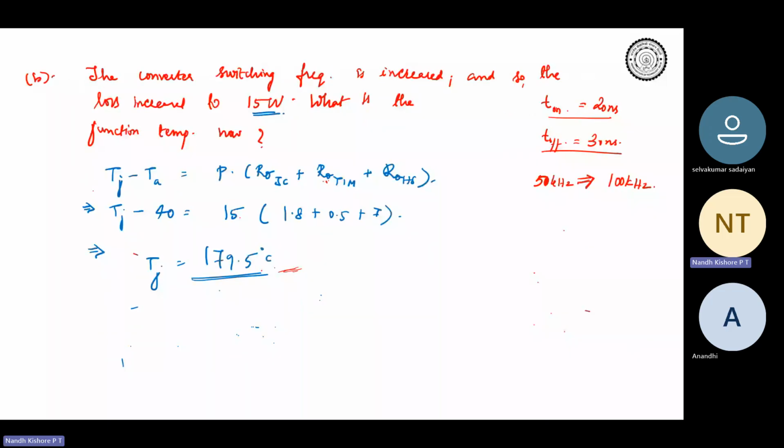Do you understand? Yes, sir. I will operate at 15 watt loss. I have to find out what should be my R theta heatsink so that my junction temperature goes back to 150 degrees. That is your C part.